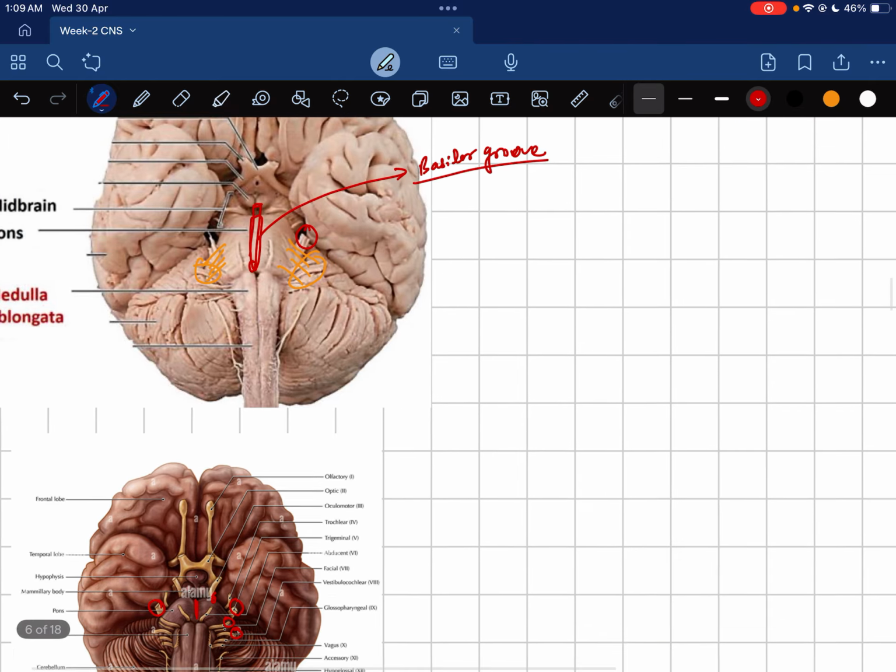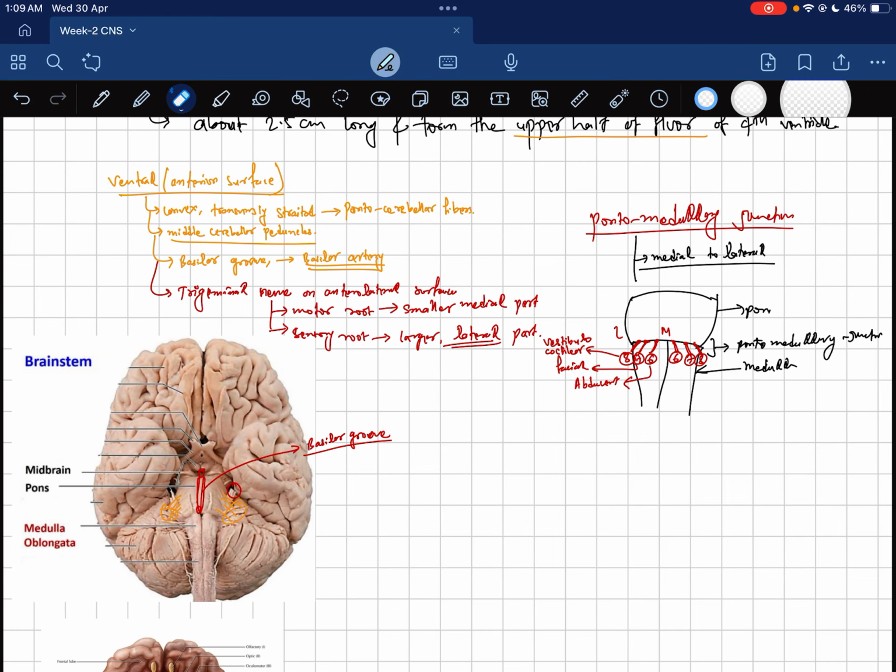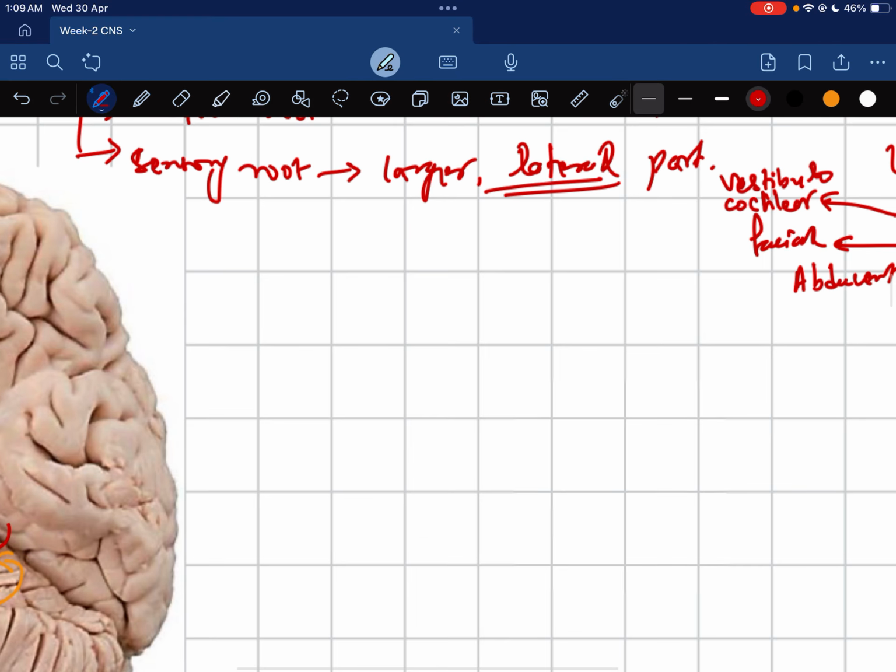Moving on, the dorsal or posterior surface of the pons.